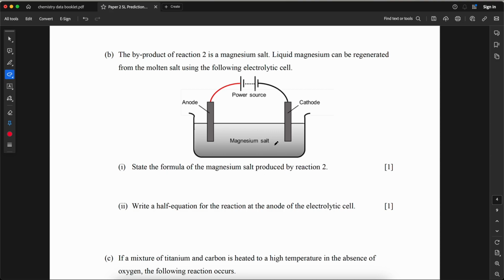So magnesium solid reacts with TiCl4 to produce MgCl2 and Ti solid. This will be 2, this will be 2. So it will produce MgCl2. This is the formula of the magnesium salt.